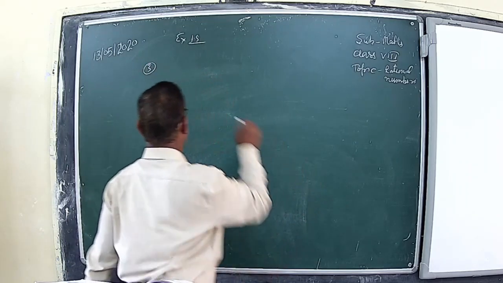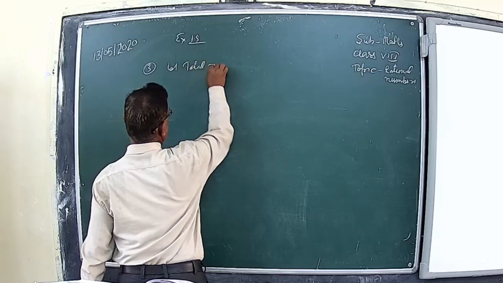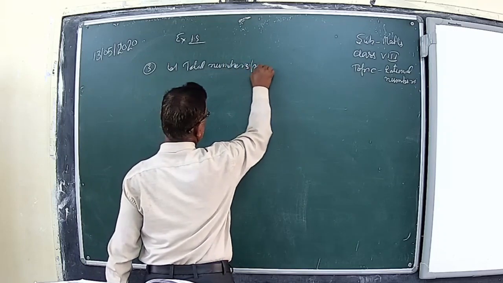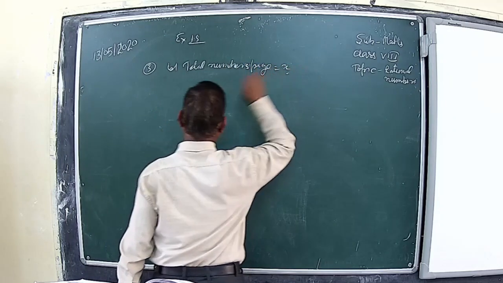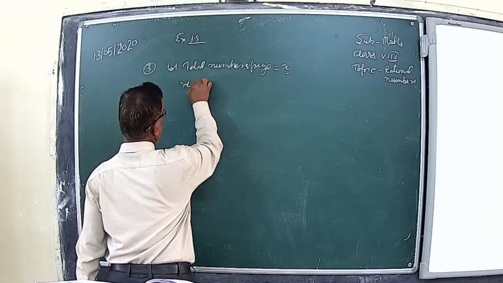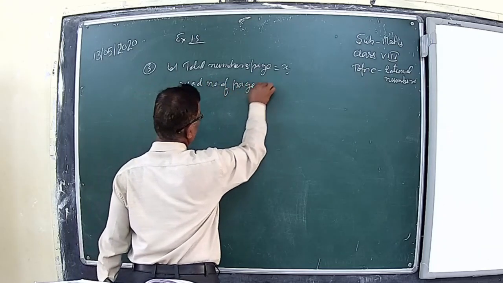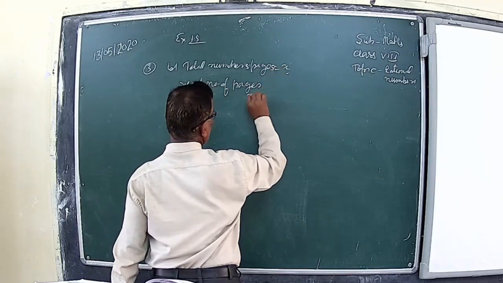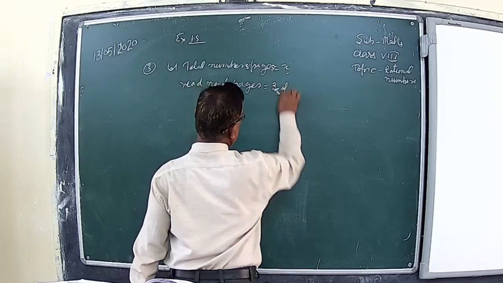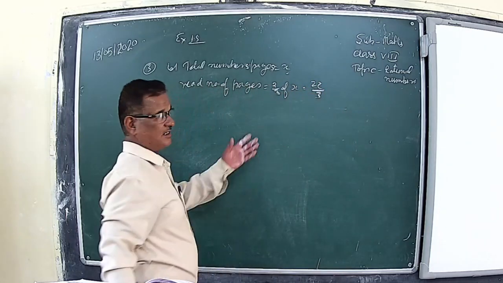So, let the total number of pages be x. The number of read pages is equal to 2 upon 3 of x, which is 2x by 3. This much pages are read.